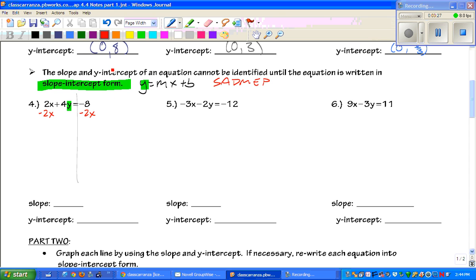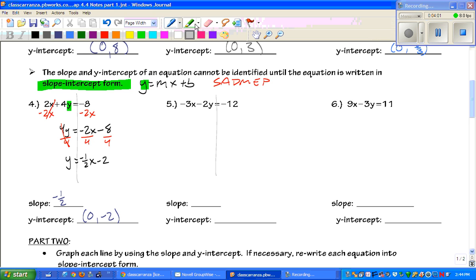We subtract the 2x from both sides, and we get 4y equals -2x minus 8. The y is not by itself yet, so we divide by 4, and we get y equals, reducing the fraction, -1/2x minus 2. So our slope is -1/2, and our y-intercept is (0, -2).